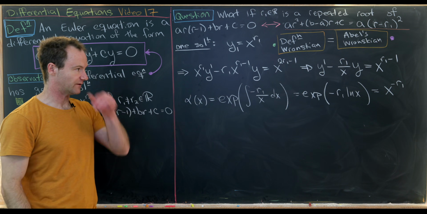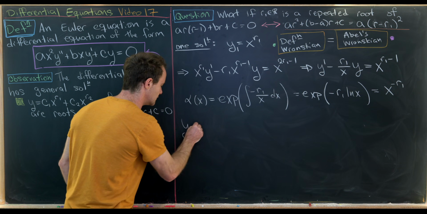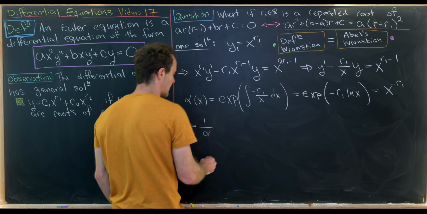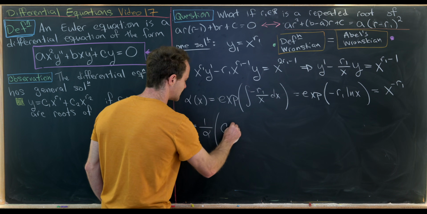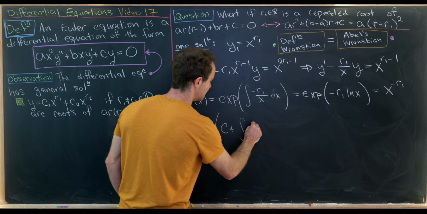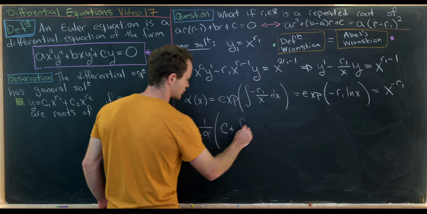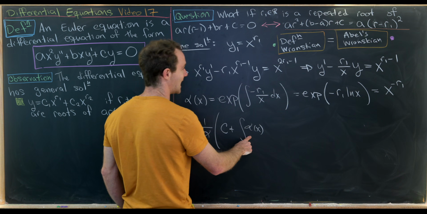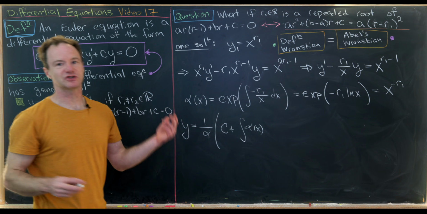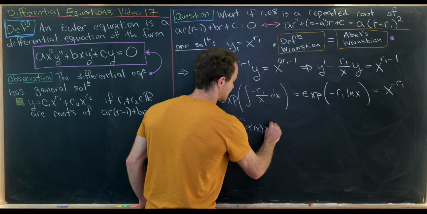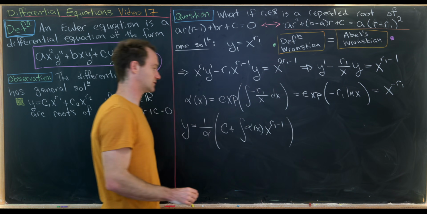So that's our alpha function. And then our final solution will be equal to 1 over alpha, and then we'll have some constant plus the antiderivative of the alpha function times our function b, which is the forcing function. So that's going to be x to the r1 minus 1.